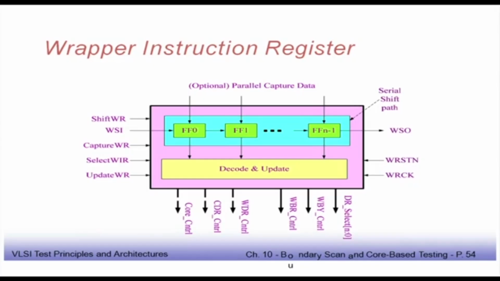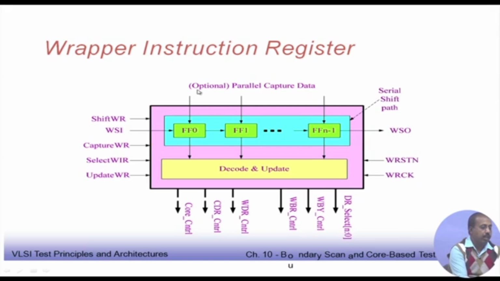Then this wrapper instruction register typically has a structure like this. We have these flip flops. Depending upon your instruction width, we can have a number of flip flops there, consisting of flip flop 0 to flip flop n minus 1. The wrapper serial input comes as input here, and it goes out as wrapper serial output from the other side.